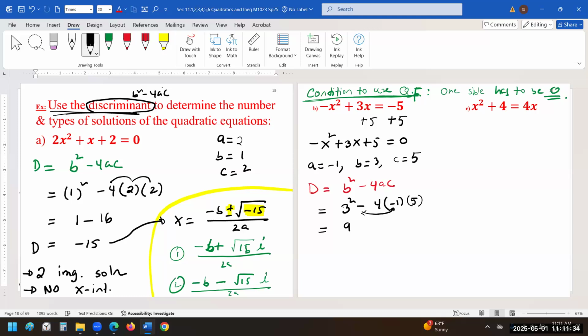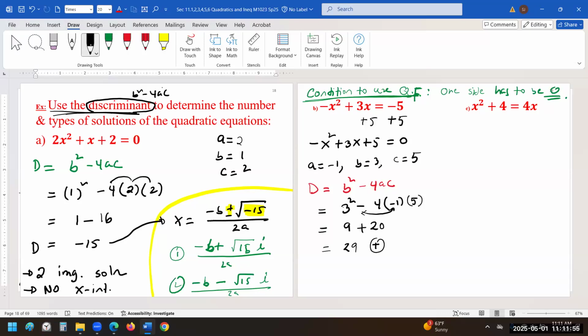Negative times negative will turn into positive. And then 4 times 1 times 5. 4 times 1 is 4, and then 4 times 5 is 20. And what is 20 plus 9? 29. So our discriminant is positive.